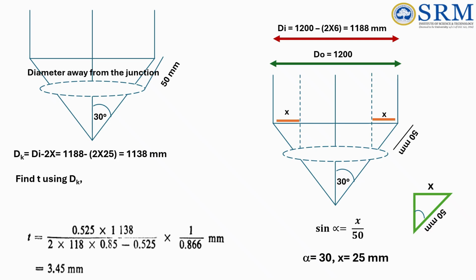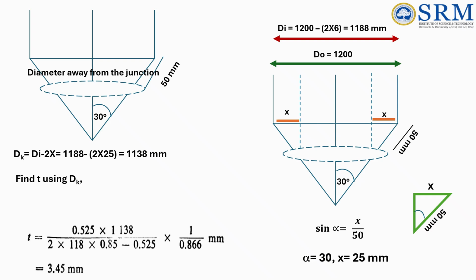Now we want to subtract x distance on both the sides so that we account only for dk. So dk is di minus 2x. And how do we calculate this x? When we know the calculation at a certain distance away from the junction, which is 50 mm, then we form a right angle triangle with the angle as 30 degrees.